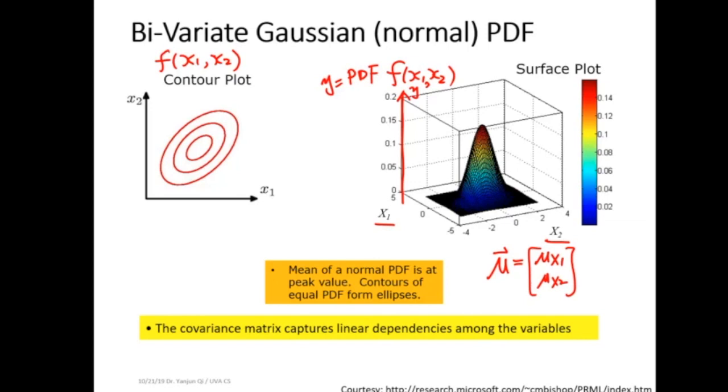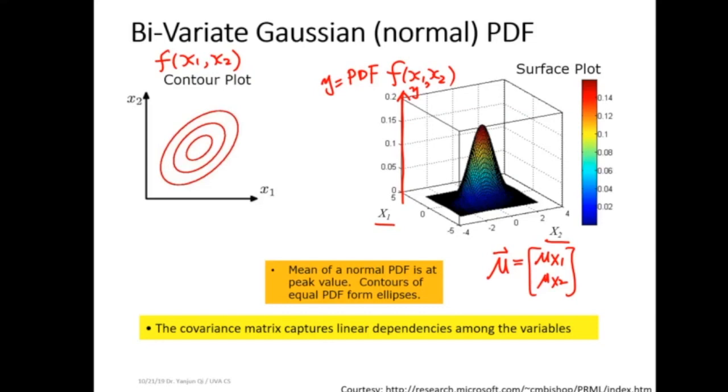The contour map here shows these ellipses, and each ellipse has the same probability density function value because they are at the same height. This is similar to what we tried to visualize in the regression's sum of squared error, because that's also a bell-shaped function.